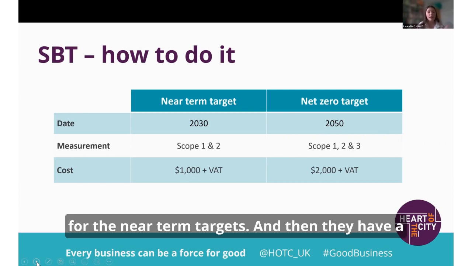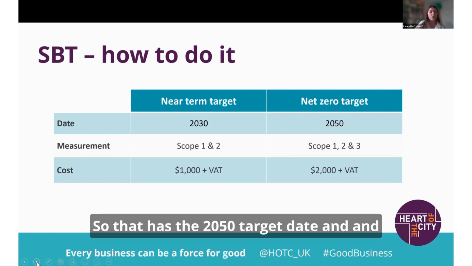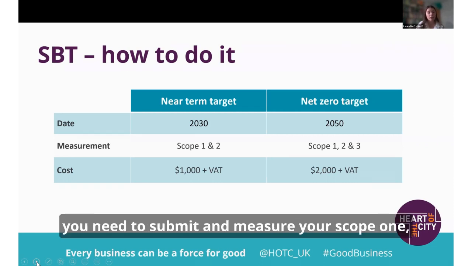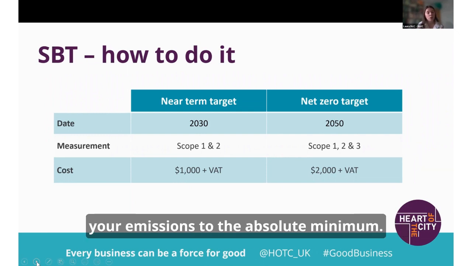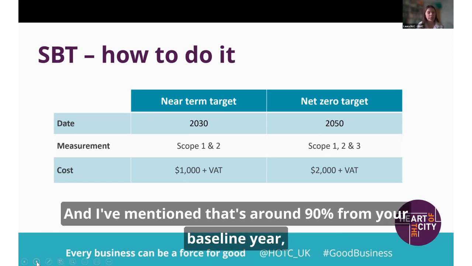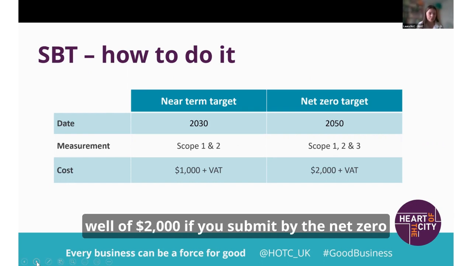And then they have a net zero target route that you can go down. So that has the 2050 target date, and you need to submit and measure your scope 1, your scope 2, and your scope 3 emissions. That's where you need to reduce your emissions to the absolute minimum, and I've mentioned that's around 90% from your baseline year, and you can see that there's a larger cost as well of $2,000.